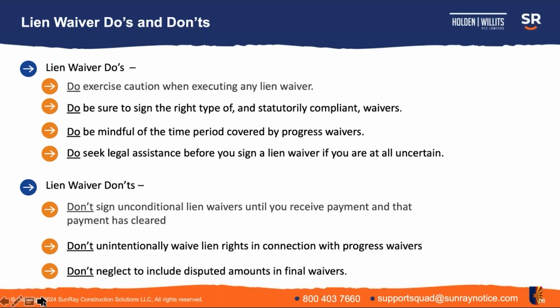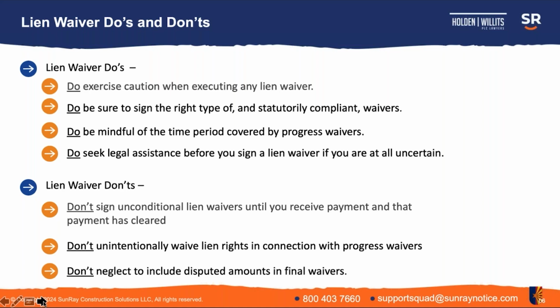As someone who may be asked to sign a waiver, there may be circumstances where you want to use the statutory form but modify it, and that can be done. When you find yourself in one of those situations, the fourth do here is probably what you need to do, and it's seek legal assistance before you sign a waiver if you're at all uncertain.